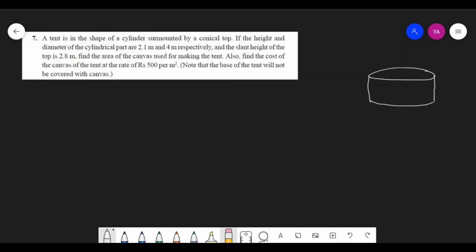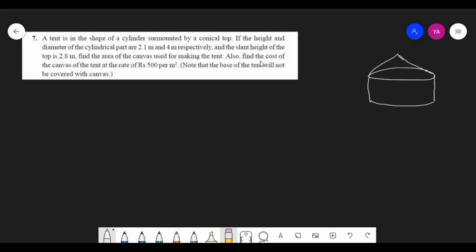And the top is a conical top, and its slant height is given as 2.8. So a tent like this: a cylindrical tent with the top surmounted by a cone.